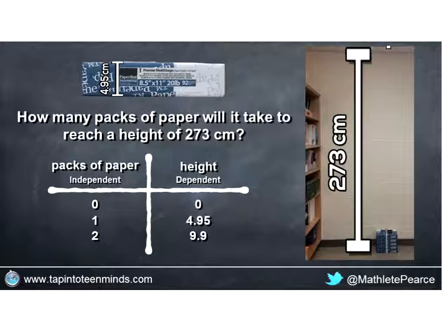So maybe 4 and then 18 or 19.8, and then double from there to go up to 8 and so forth, to get closer and closer to the number they're looking for, to at least get a close approximation. They can use their idea of what 1 pack of paper is to add up or subtract from that value. So we have a lot of really effective strategies to get students started.